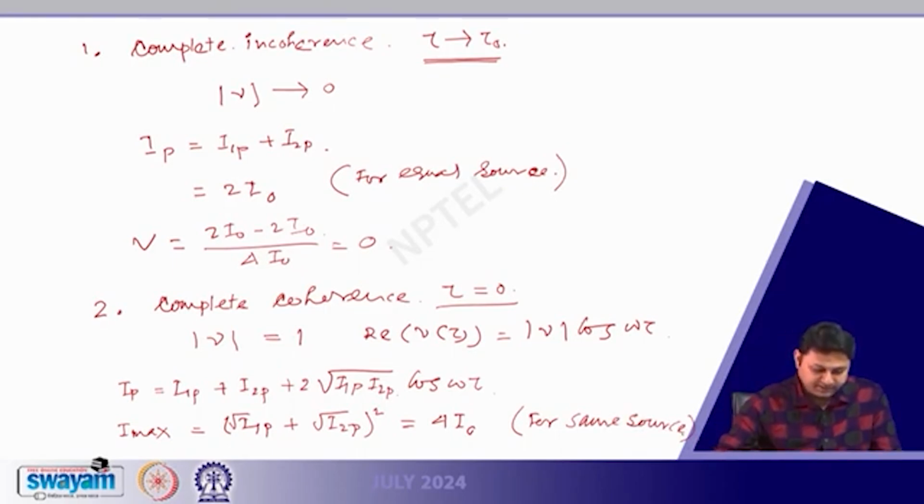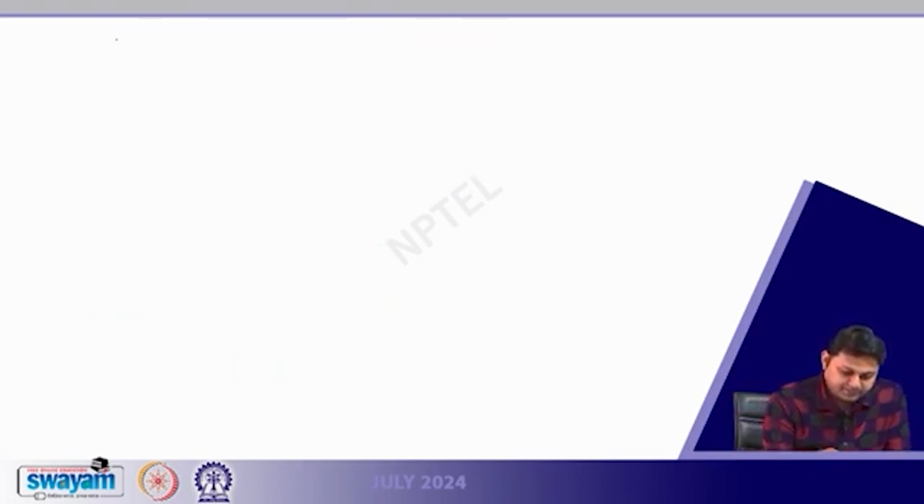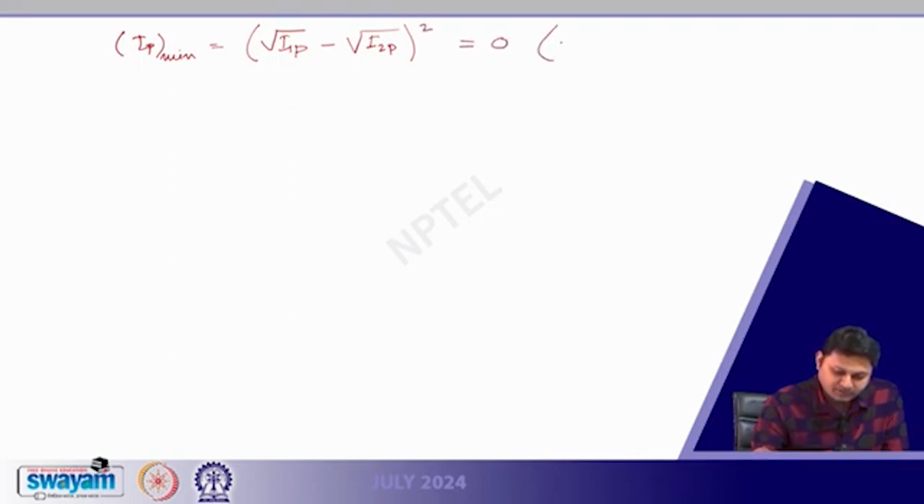Well, for I minus, in that case, IP minimum will be root over of I1p minus root over of I2p and whole square of that. So that is essentially 0 for same source.